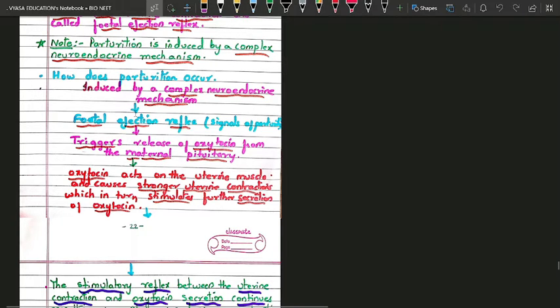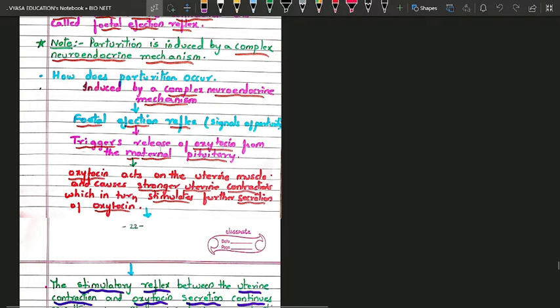The fetal ejection reflex, that is the signals of the parturition, takes place. It triggers the release of oxytocin from the maternal pituitary, that is, from the mother's pituitary gland.